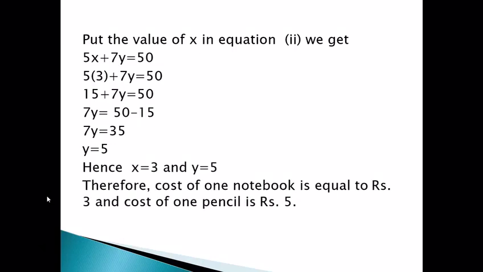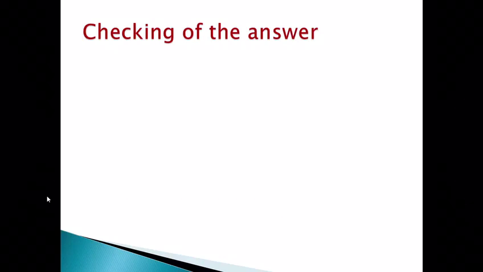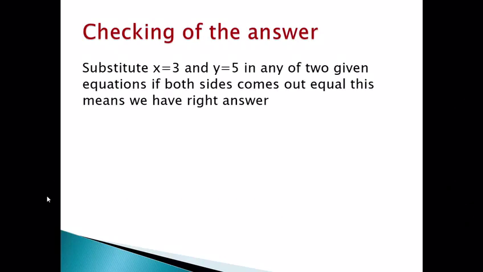Now what we have assumed x and y as: x is the cost of one notebook and y is the cost of one pencil. Now we can check the result by substituting in any of the two equations. I am using equation 1, 5x plus 7y equal to 50.